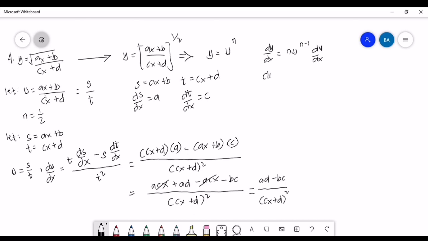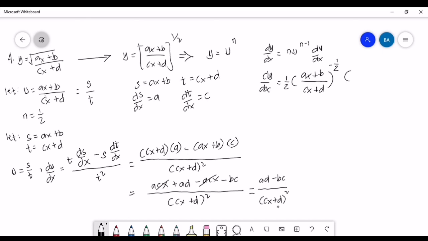So overall, our dy with respect to x is equal to 1/2 times u, which is ax plus b over cx plus d, raised to 1/2 minus 1, which is negative 1/2.